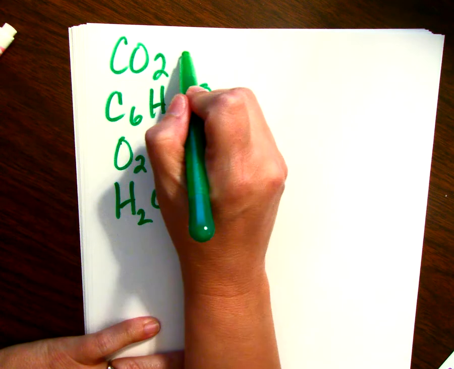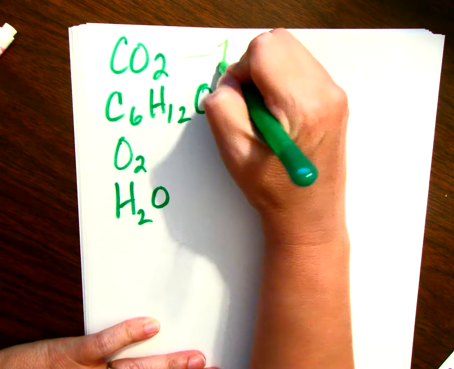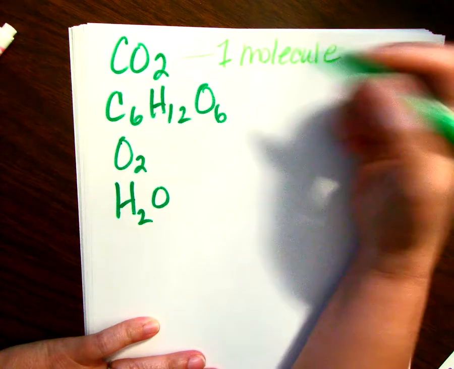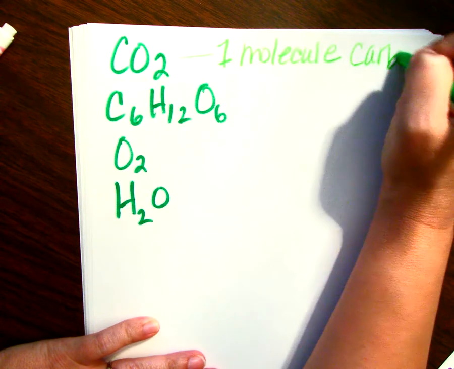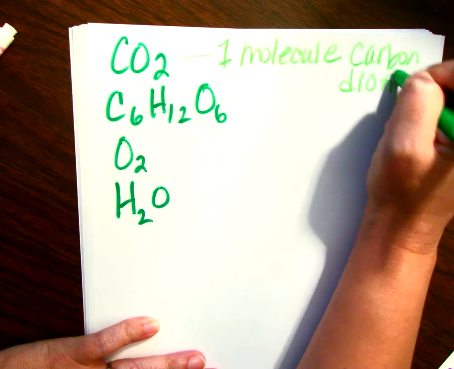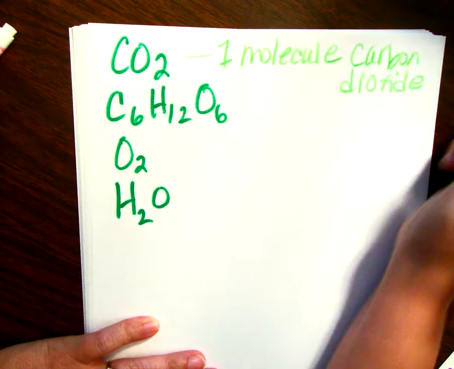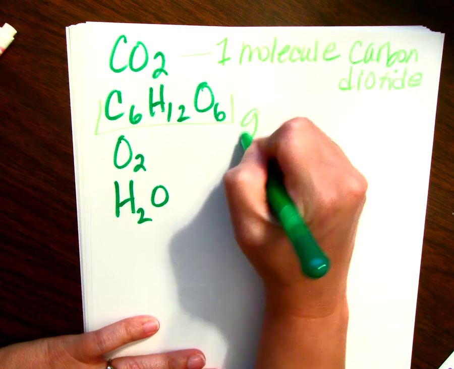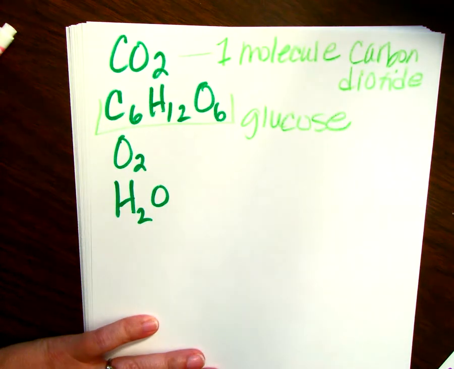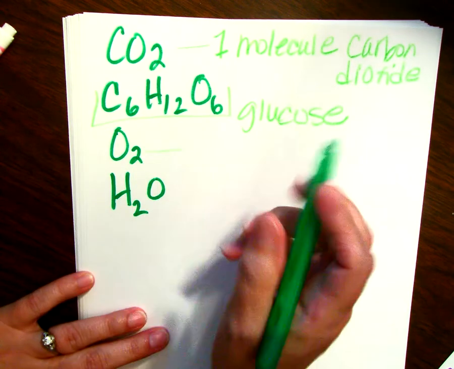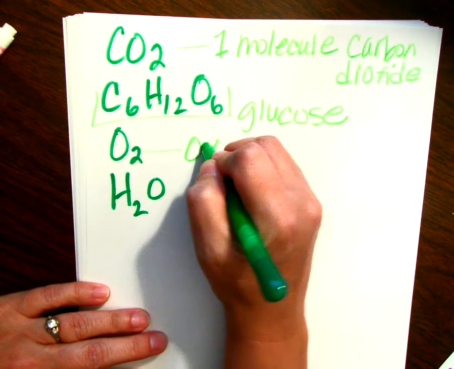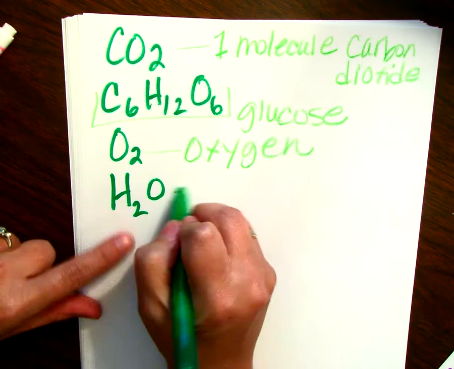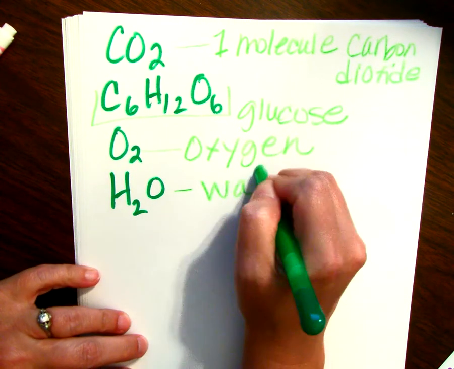This one is one molecule of carbon dioxide. This is one molecule of glucose. This is one molecule of the type of oxygen that we breathe. And this one, you know this one, this is one molecule of water.